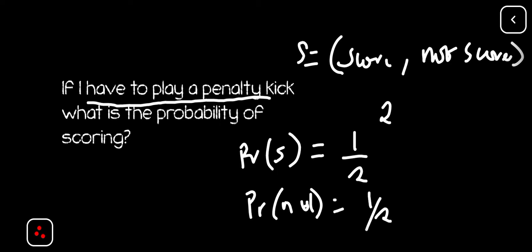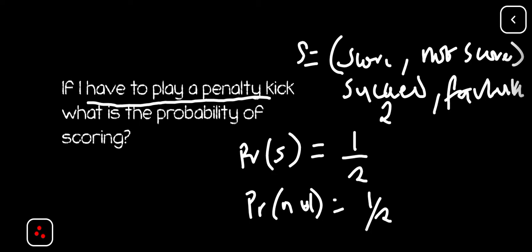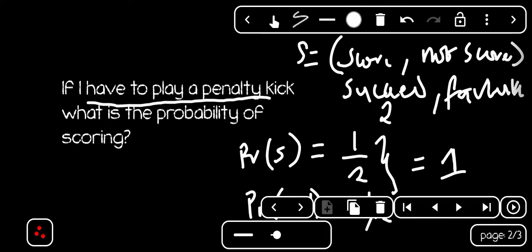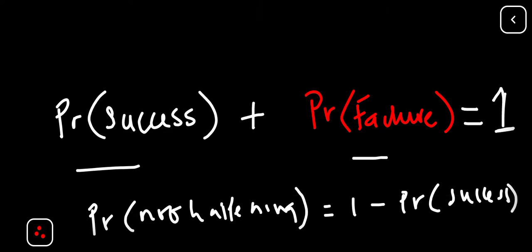Basically the sum of these two events is the same thing as the sum of the probability of success and failure, because the probability that you score is like saying the probability that you will succeed, and the probability that you will not score is the probability of failure. Summing these two probabilities together amounts to 1. So that is just the idea. Once you understand this, you'll be able to understand this.